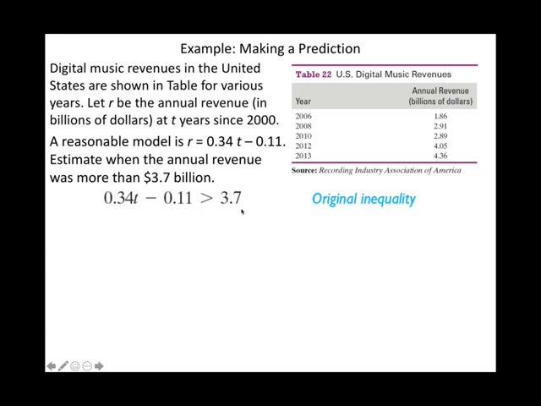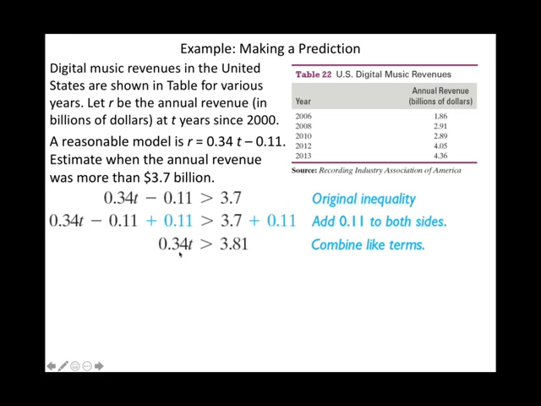We have this inequality. Now we want to solve for your t in here. So how can we get out of this guy? We're gonna add 0.11 to both sides. Simplify it. You will get 0.34t greater than 3.81.